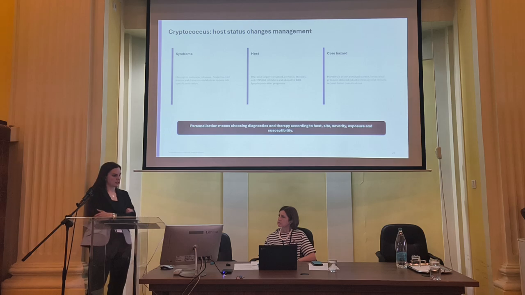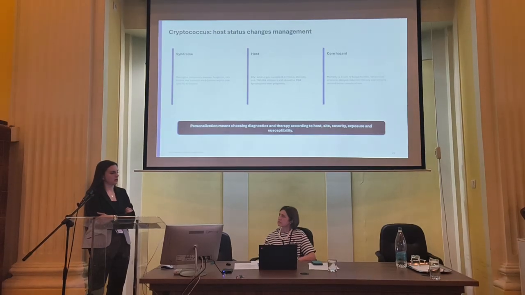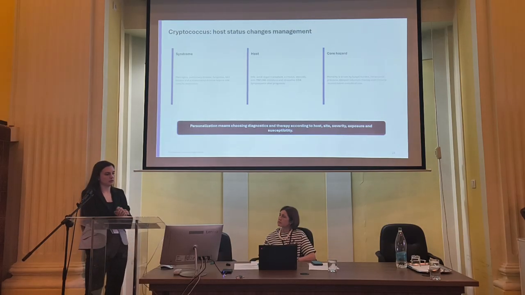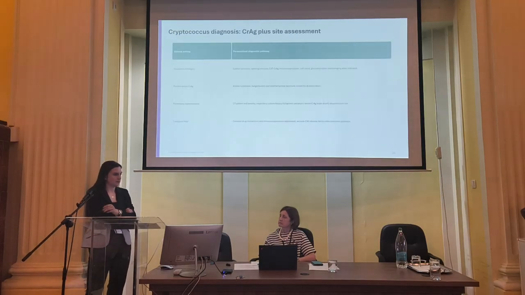For Cryptococcus, it's most likely to be in an HIV positive patient. The syndrome can cause meningitis, pulmonary disease, and skin lesions, and we need to make sure that the mortality is high.